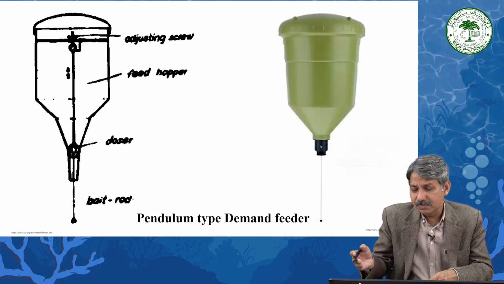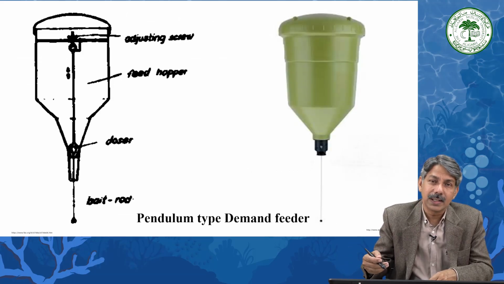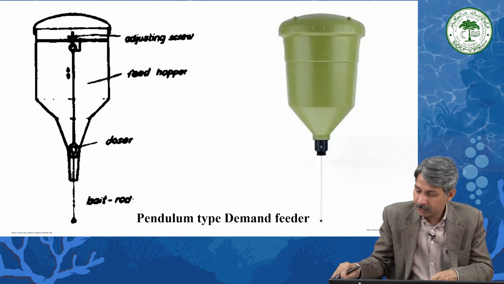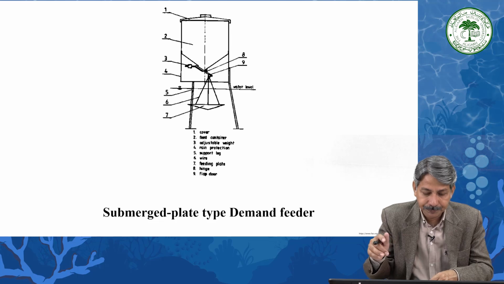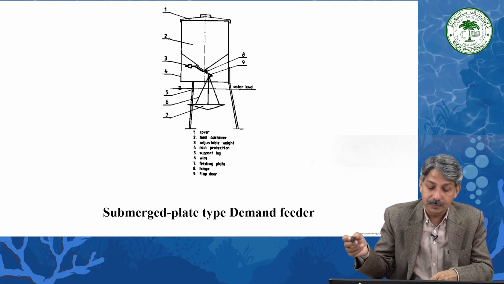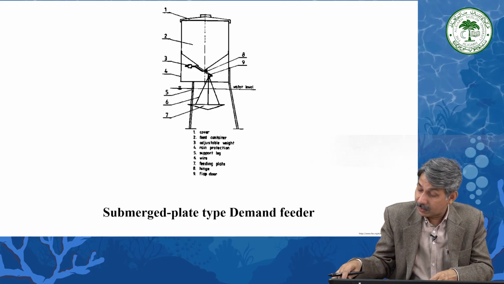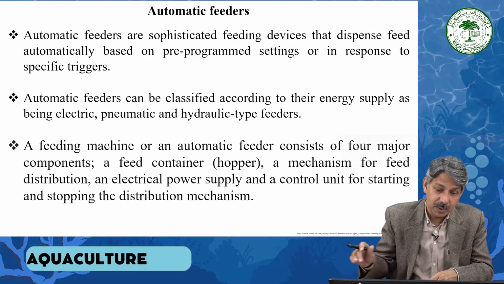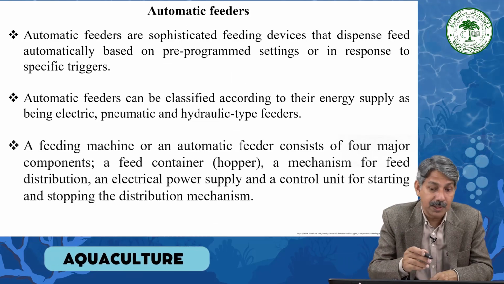These are some generalized diagrams of demand feeders. Pendulum type demand feeder and plate type demand feeder. Here you can see there is a plate at number 7, in the generalized structure of the plate type demand feeder.